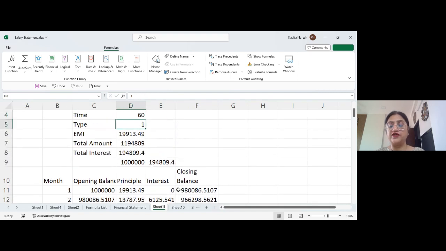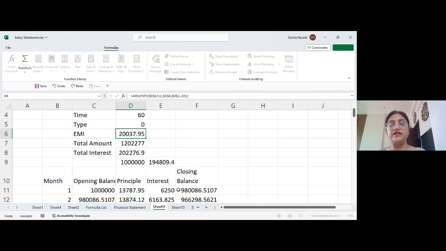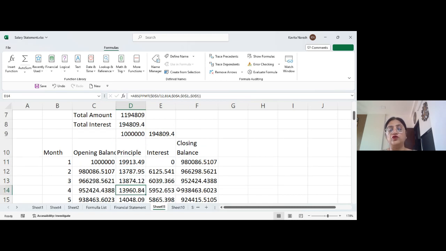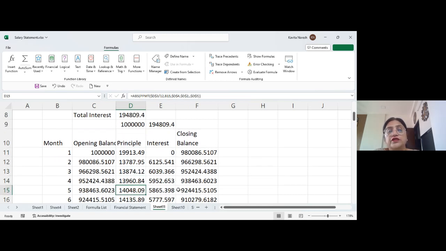You can check here. If you are changing the parameter to 0, then your EMI will be changed. Everything will be changed. But if you are setting 1, then fine. So I'm sure the amortization chart and these all 3 functions, whichever I told you yesterday and today also with different parameters. So now it is clear.